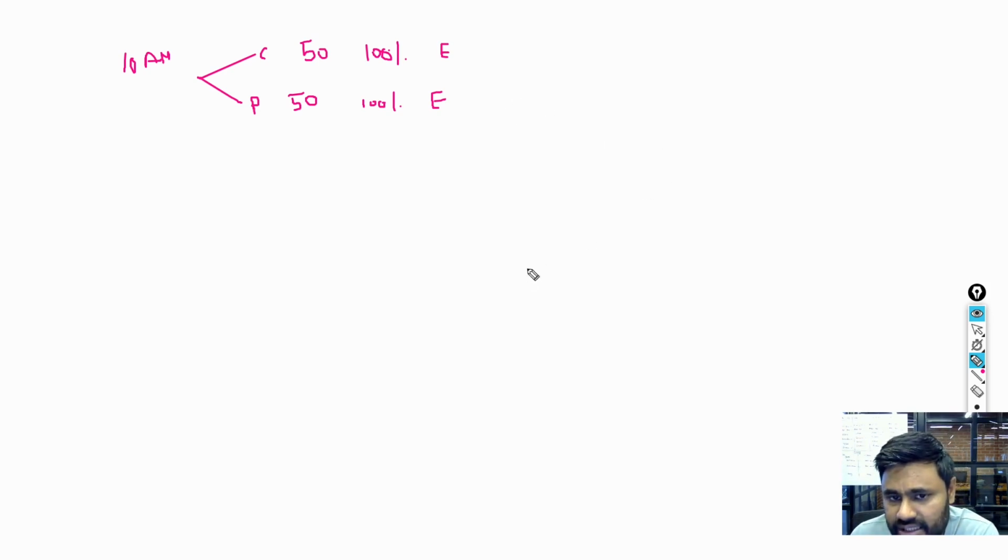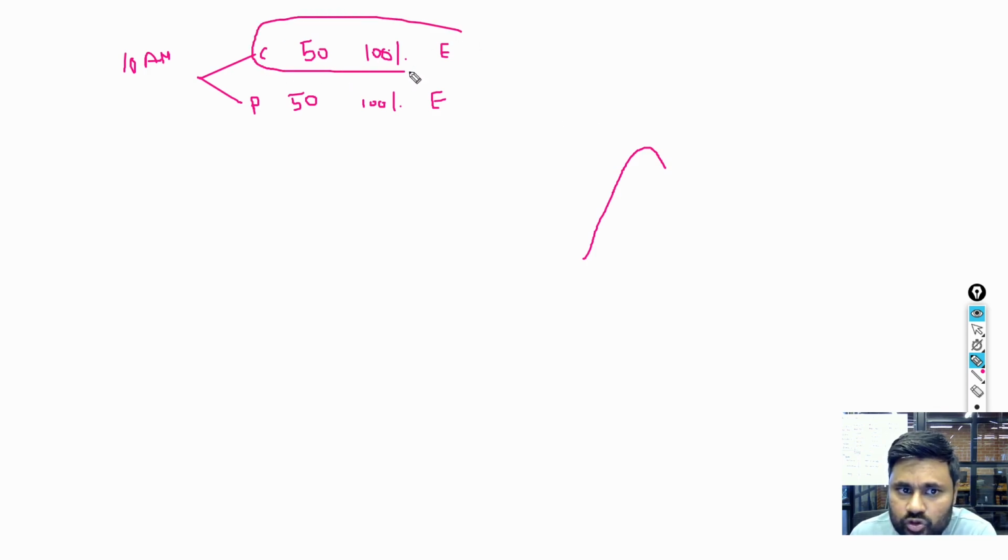And there are many times when the market goes higher, it hits the stop loss of the call option, and then probably it doesn't come back, it stays there itself, right?